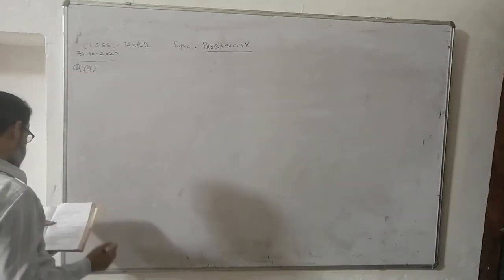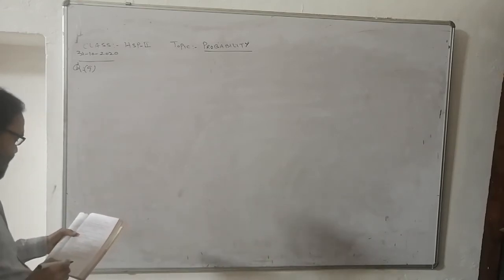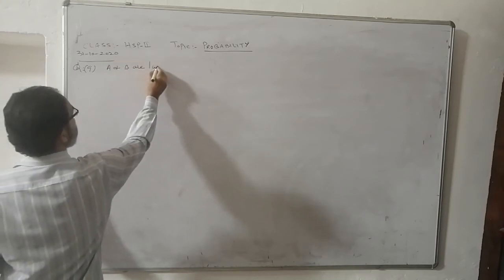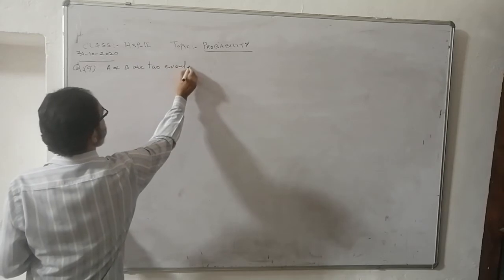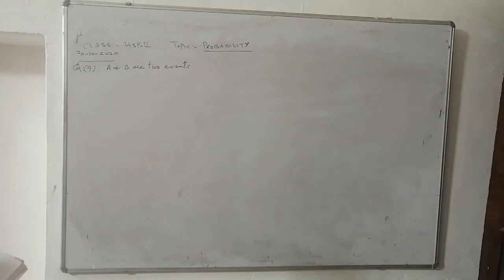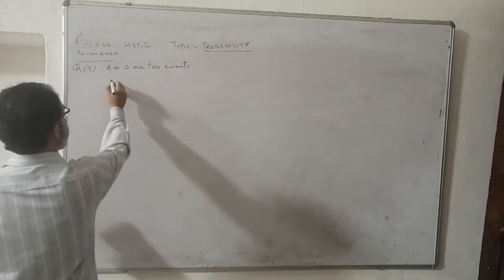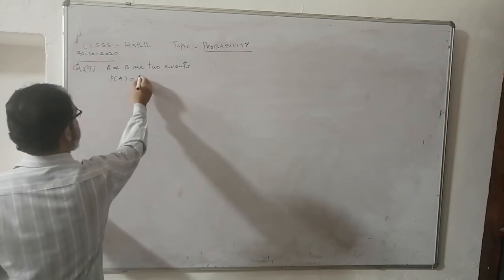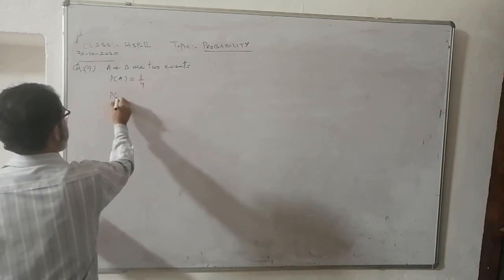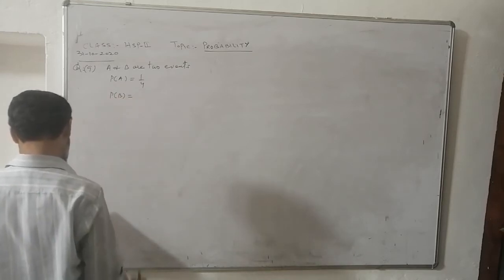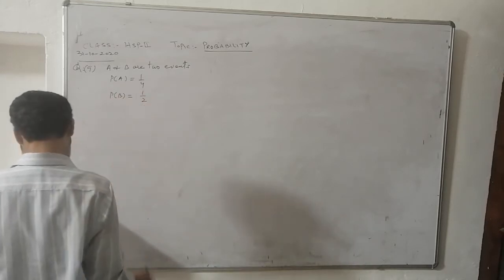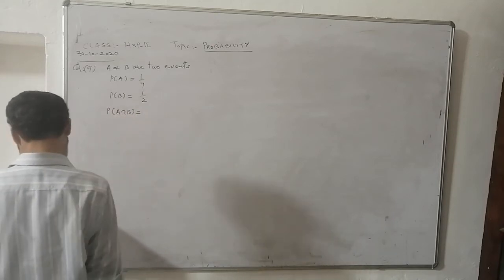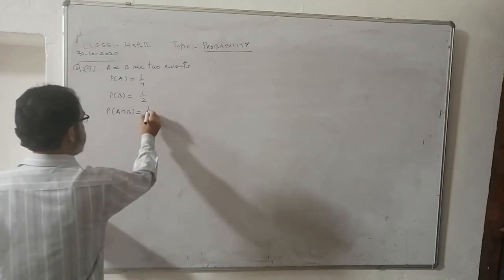Again it is a question of two events A and B. A and B are given to be two events such that probability of A is 1 upon 4, probability of B is 1 upon 2, and probability of A intersection B is 1 upon 8.